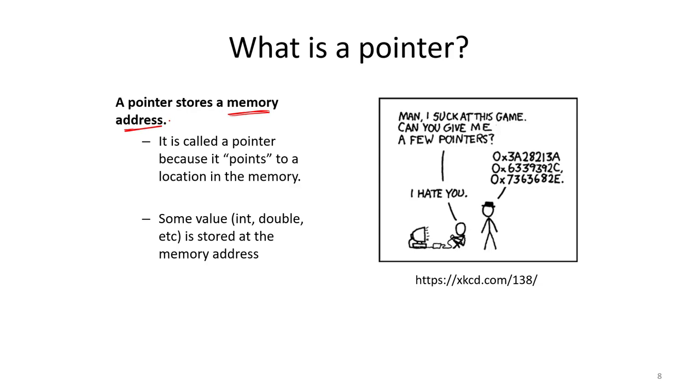We call it a pointer because it directly points to some location in the memory. It's a variable holding the memory address where some value is stored. Depending on the memory address in the pointer, we could be storing the address of an int, or a double, or something else completely.